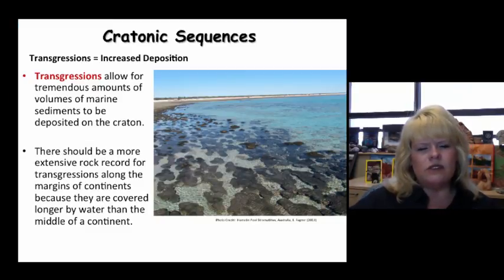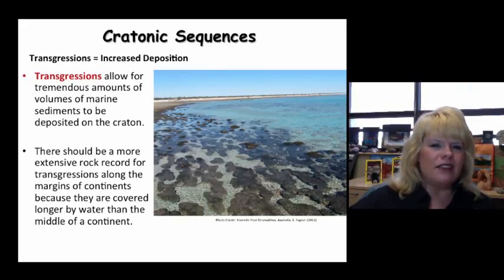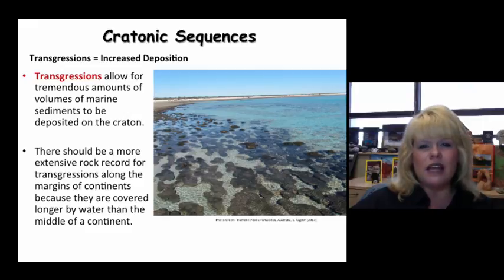Cratonic sequences is simply a big word for a rise and fall sequence of sea level, so a transgression and regression sequence. When you have a transgression, you'll have increased periods of deposition. That almost seems backwards, doesn't it? But keep in mind that sediments and animals can get buried in those sediments fairly quickly in an oceanic environment, unlike on land where it's harder to get buried.